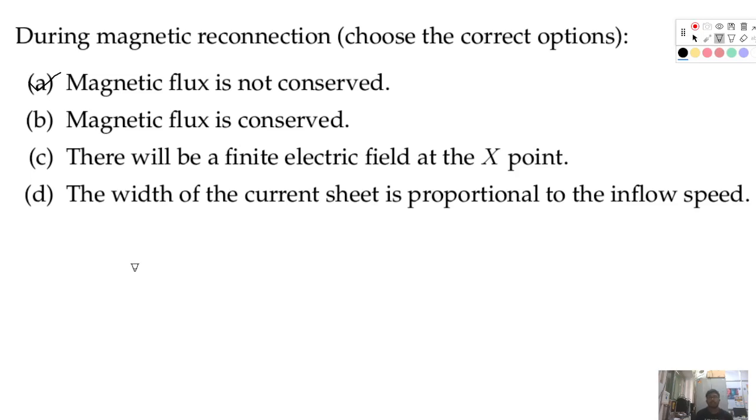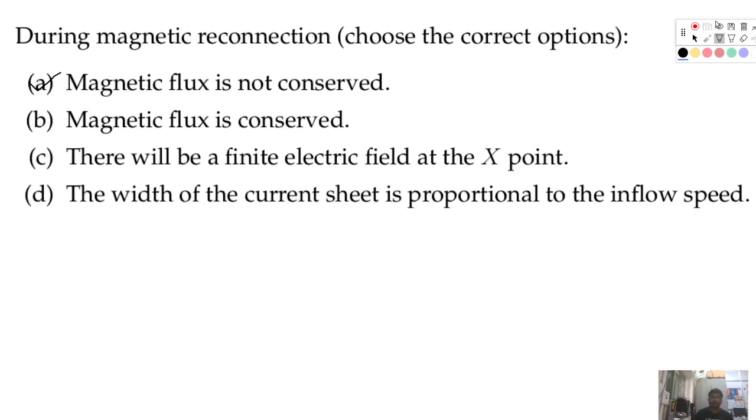So there will be a finite electric field at the X point. When we are talking about MHD scales, we say that if everything is in the non-relativistic regime, we assume that the electric field is a secondary quantity, depending upon E plus v cross B equals to 0.